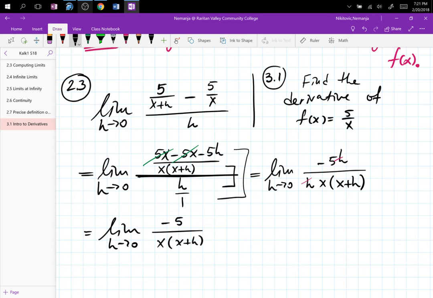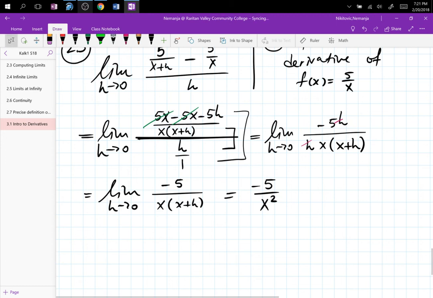Will the calculation be bothered by me plugging in h equals 0? Do I get 0 in the denominator if I plug it in? No, right? Since we don't get 0 in the denominator, we are allowed to plug it in. So by h going to 0, we get negative 5 over x squared.